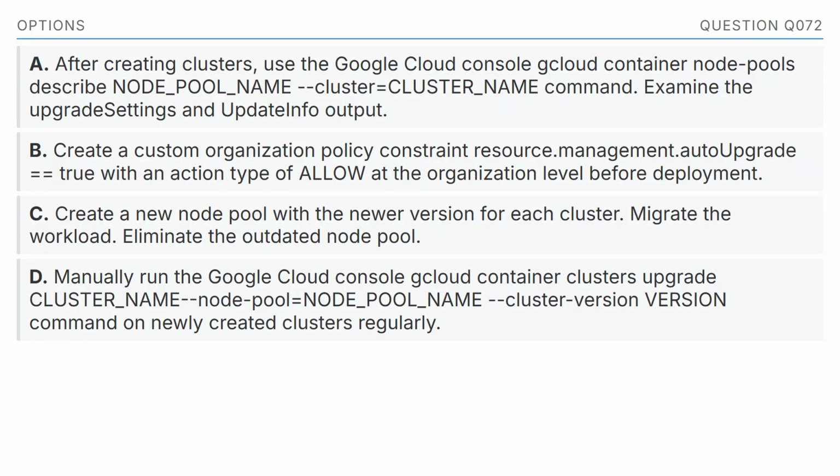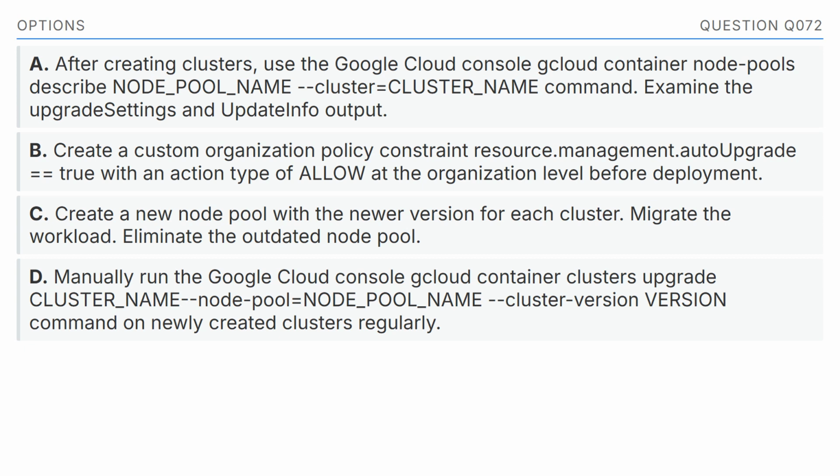The options are: Option A, after creating clusters, use the Google Cloud Console Cloud Container Node Pools describe node_pool_name cluster equals cluster_name command. Examine the upgrade settings and update info output. Option B, create a custom organization policy constraint resource.management.auto-upgrade equals true with an action type of allow at the organization level before deployment.